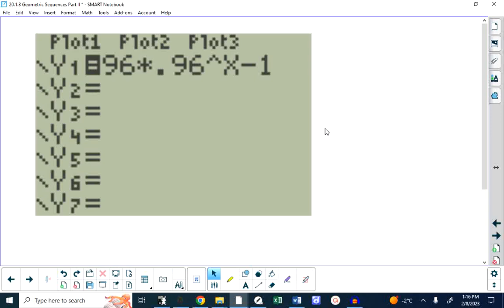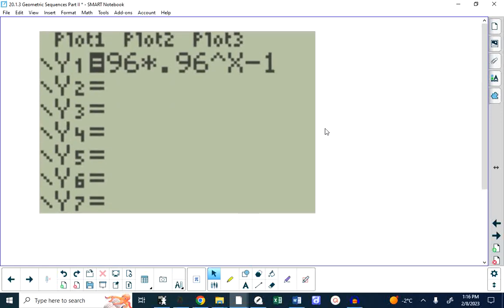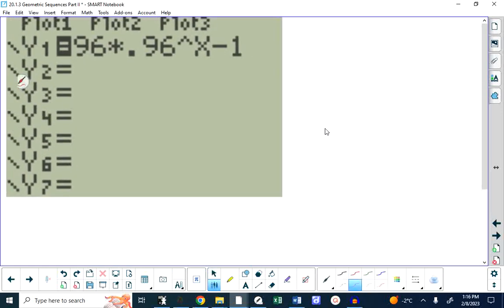What I've just told the calculator is 96 times 0.96 raised to the x minus 1. That's what I've just told the calculator to do. I need to put that x minus 1 in brackets.